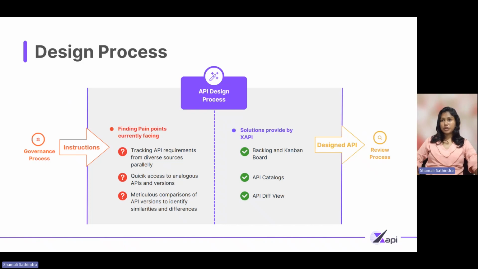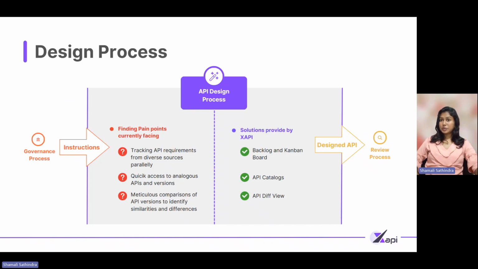The Kanban board gives a central view of the parallelly worked-on API design tasks. Shareable API models that act as an API blueprint enable the API design team to reuse existing APIs and avoid rework. And also XAPI enables the design team to create standard-compliant API documentation.